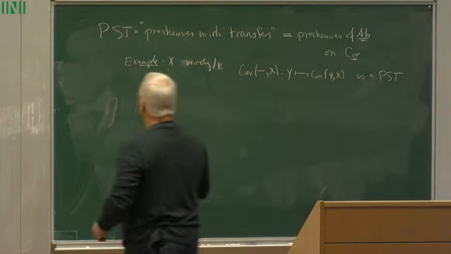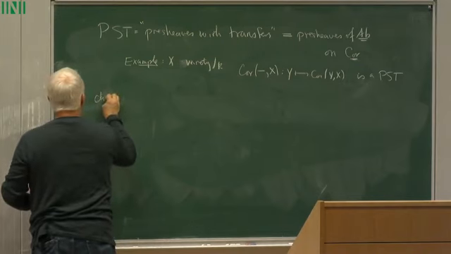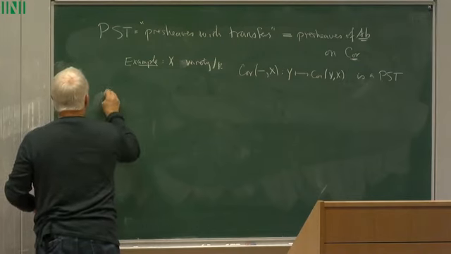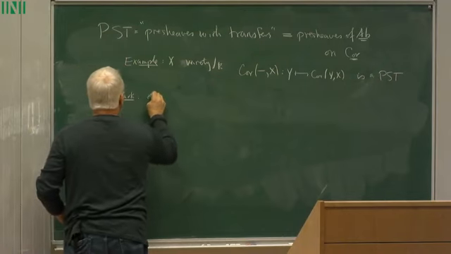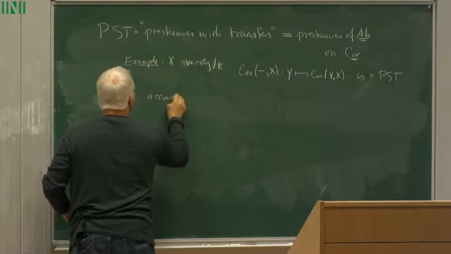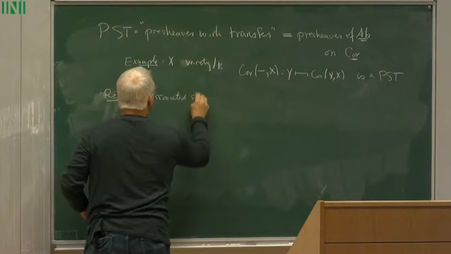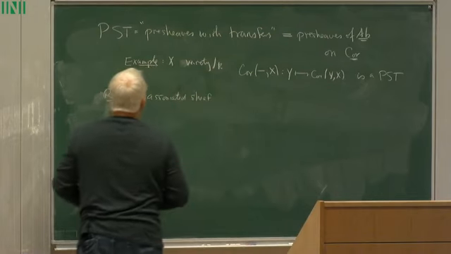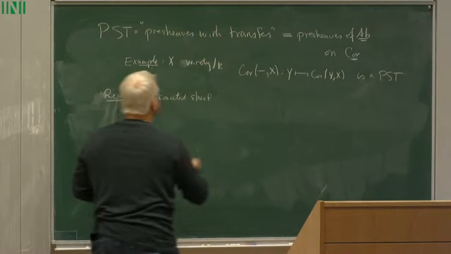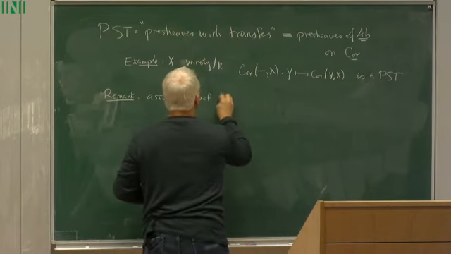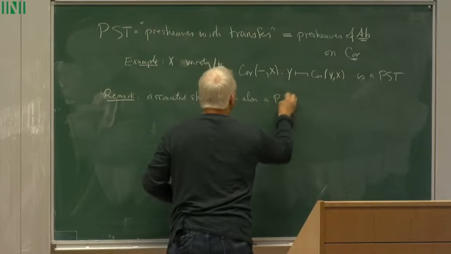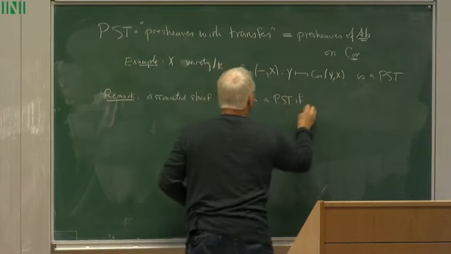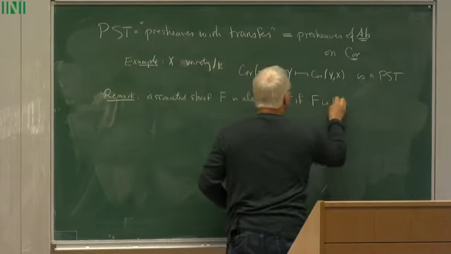Now we can look at chain complexes. Oh yeah, so here's a remark. The associated sheaf of a pre-sheaf with transfers is also a pre-sheaf with transfers if F is A1 invariant.